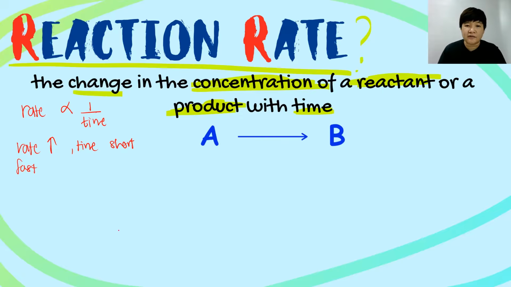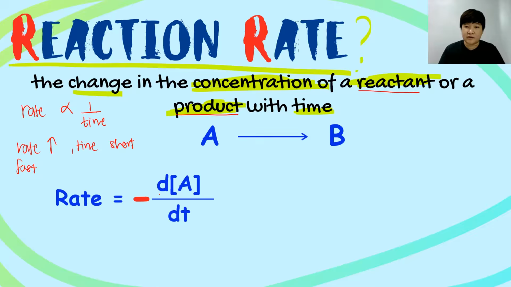So if I have a reaction of A changing to B, how can I write this in mathematics? Your rate can be defined in two terms: one in terms of the reactant, another in terms of the product. When it's in terms of the reactant, the rate is equal to the negative change in concentration of reactant over time.